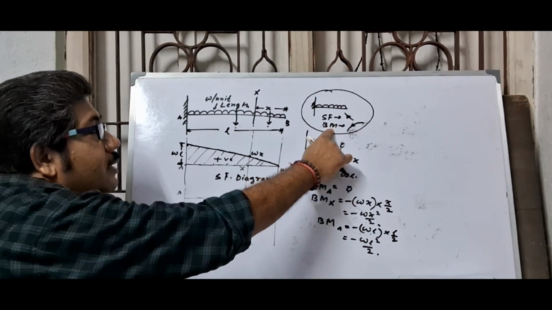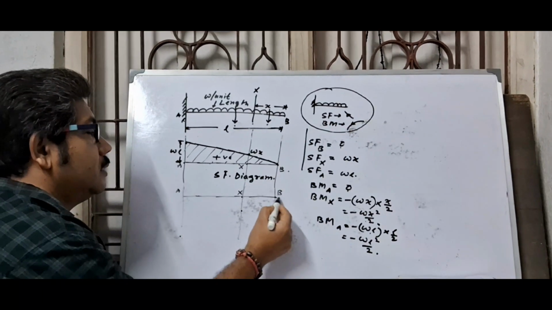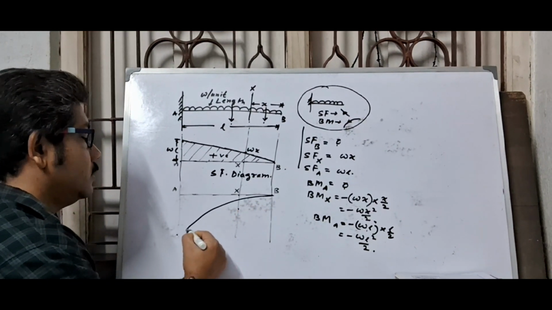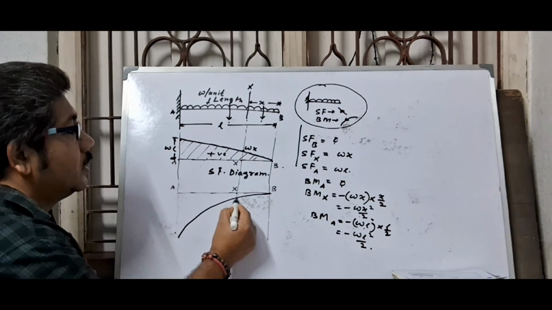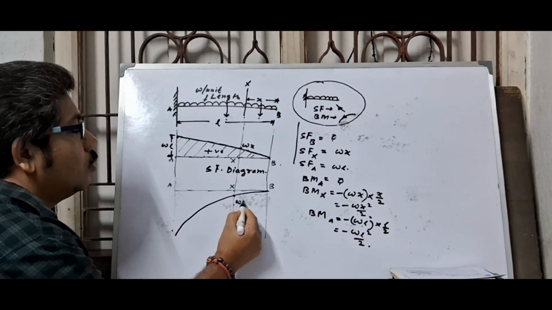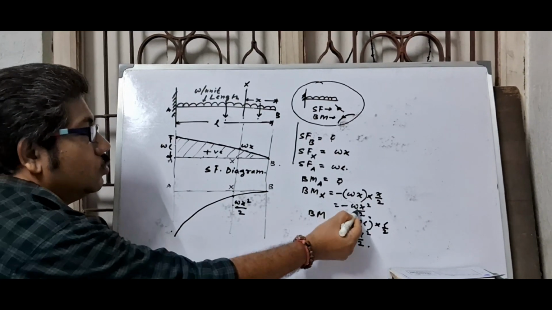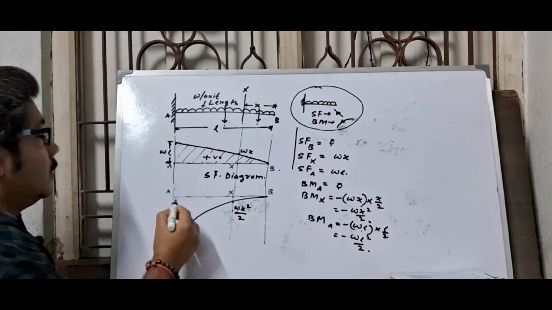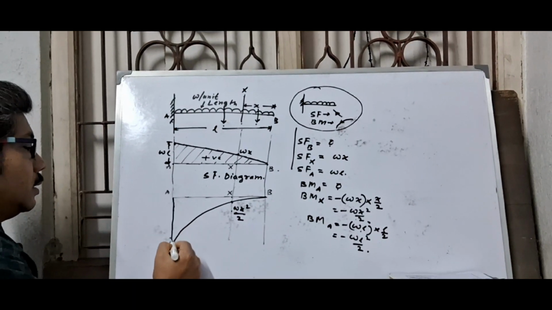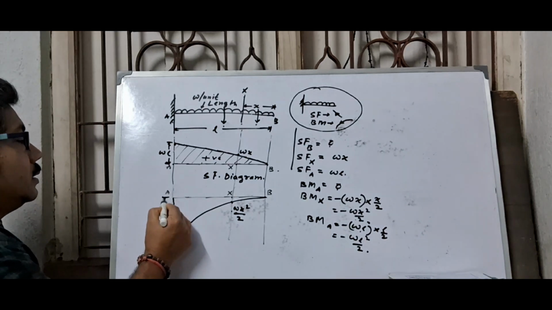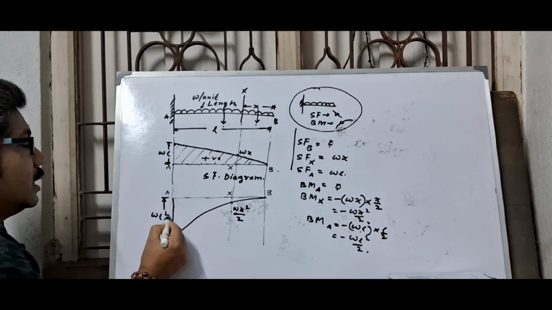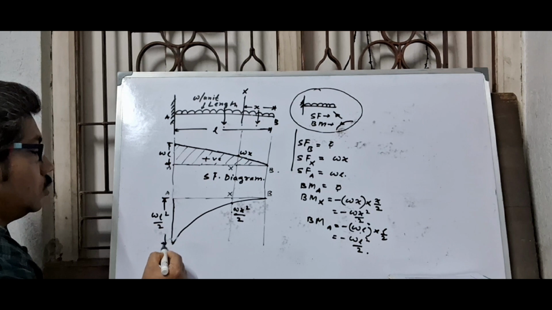And you know that the BM diagram is parabolic, so here this is a parabolic curve. Here the value is omega x square by 2, and at point A this value is omega L square by 2.